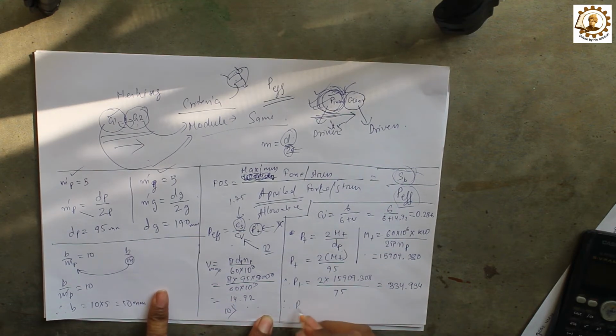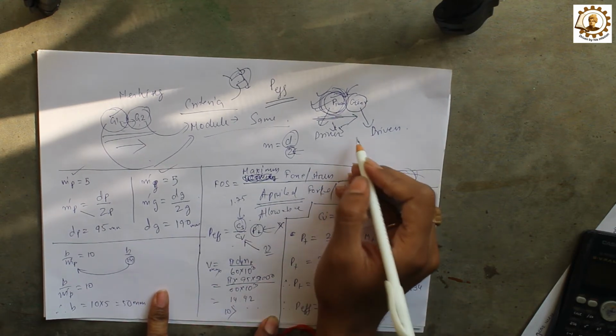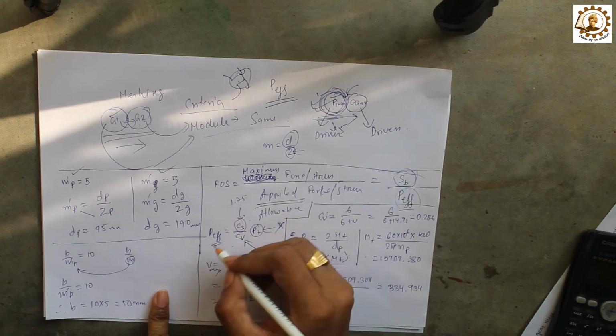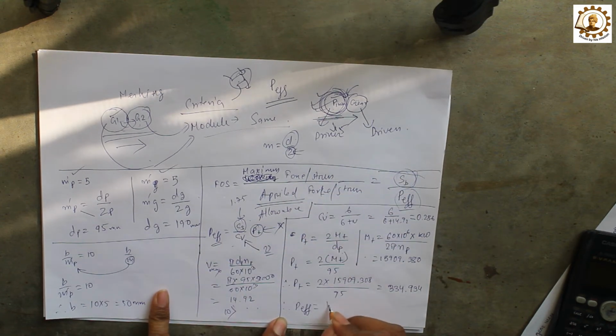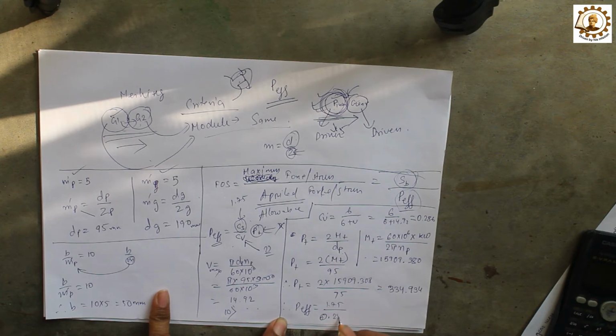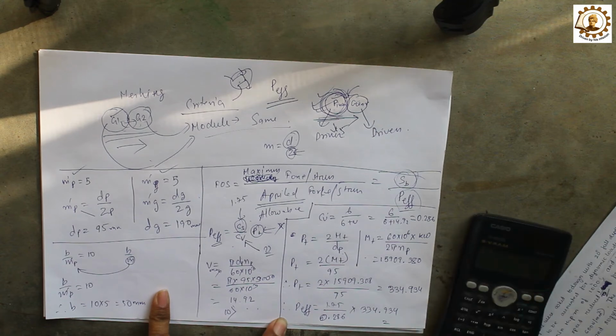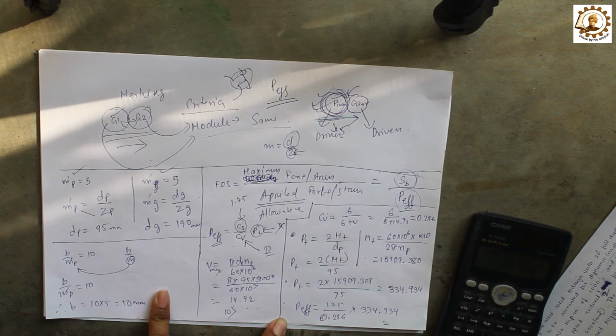Therefore, P effective, the effective load, is equal to 1.75 by 0.286 into 334.934. That is 1.75 into 334.934 divided by 0.286.